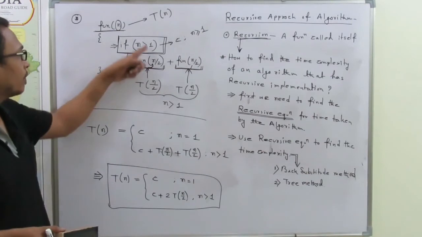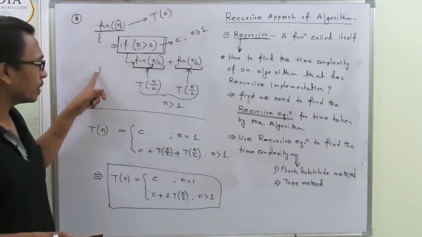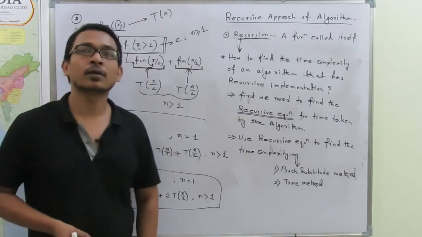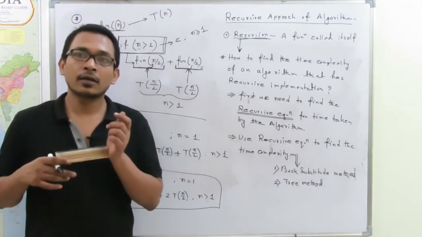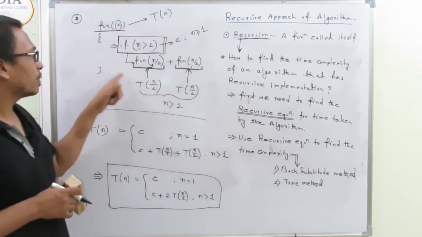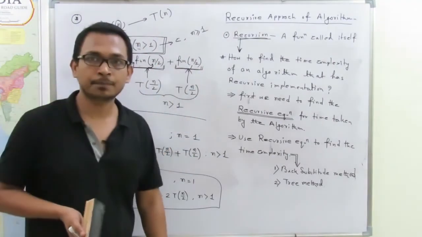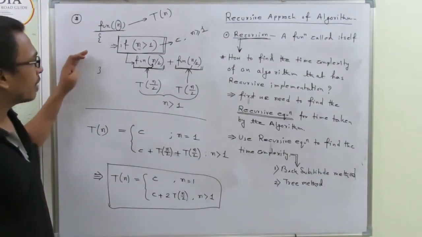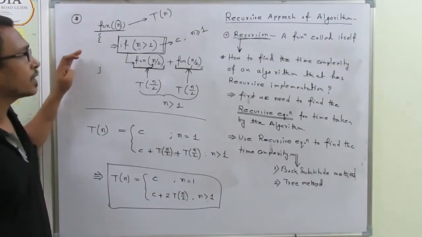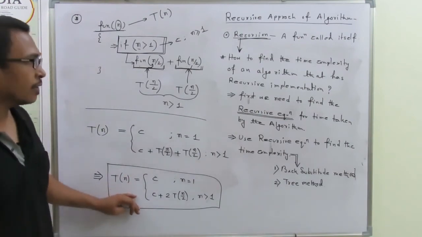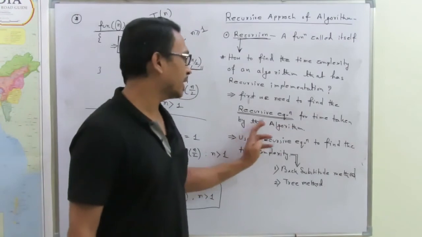This is the meaning of this particular algorithmic approach, and this is the equivalent recursive function that represents the time required to solve this particular recursive algorithm. Clear? So hope you understood how we can convert any given recursive algorithm into its equivalent recursive equation for the time taken by the algorithm.